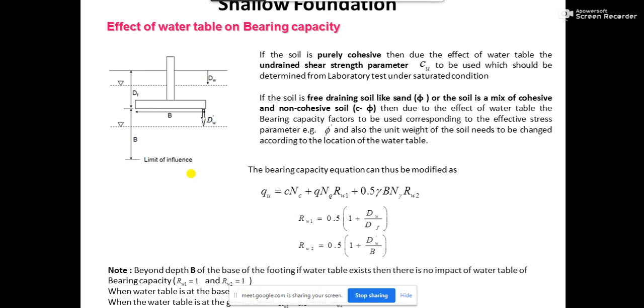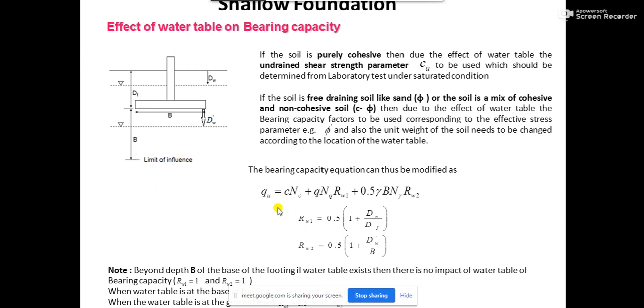This will be taken into consideration while you put the values in the bearing capacity equation. Now you see Terzaghi's bearing capacity equation. What is it?